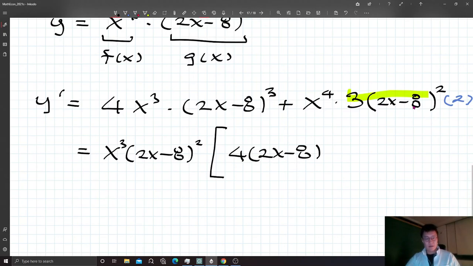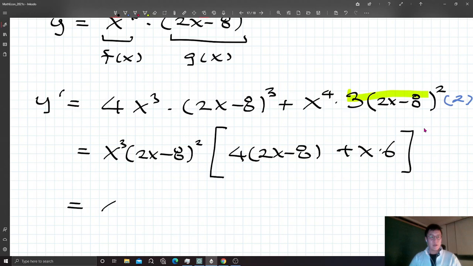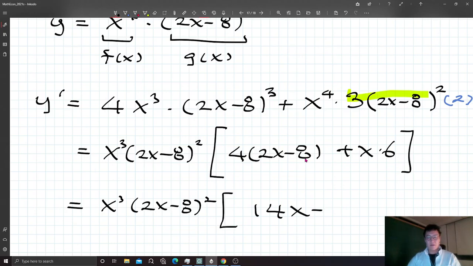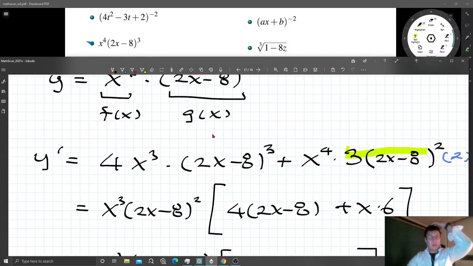And from the second, I will be left with 1x here and times 6. So x cubed, (2x minus 8) squared, 8x plus 6x gives me 14x. And 4 times negative 8, negative 32. All right, so the derivative of this example is going to be this one.